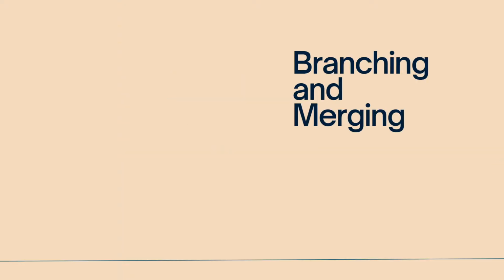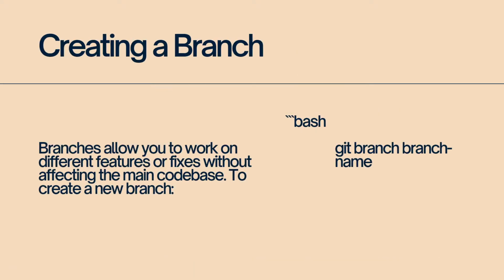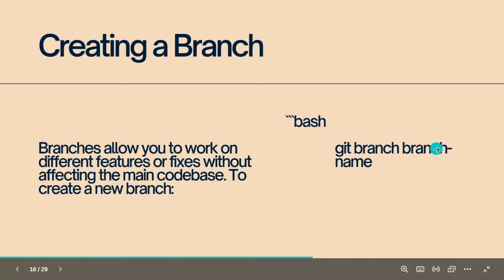Now there is what we call branching and merging. Once you have completed working on a branch, you can merge it back to the main branch. First, when you have to create a branch, you use the command git branch and then the name of the branch.